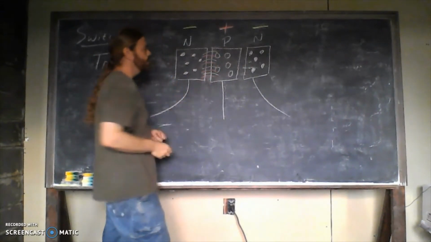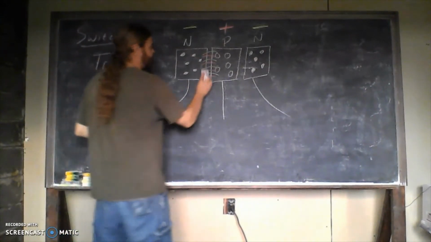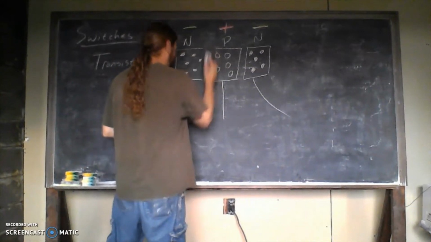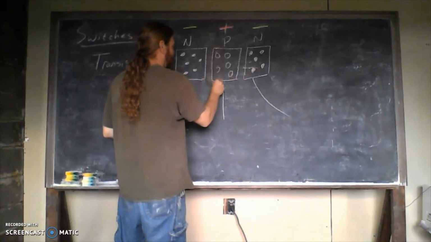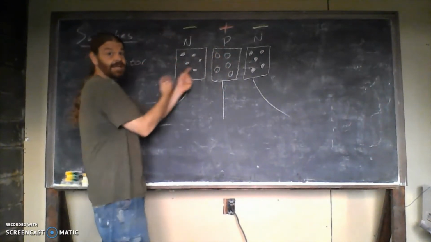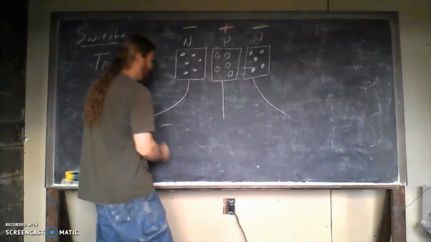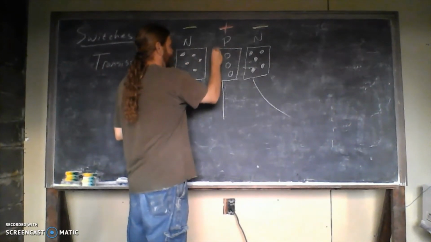It kind of goes both ways. But we end up with it organizing itself. So right there at that edge, as the things balance out, the positive attracts the negative, or vice versa, we're going to end up with more electrons right over here at this edge.